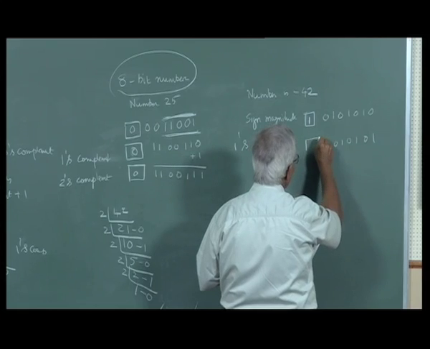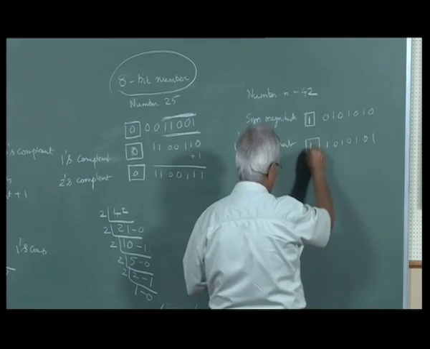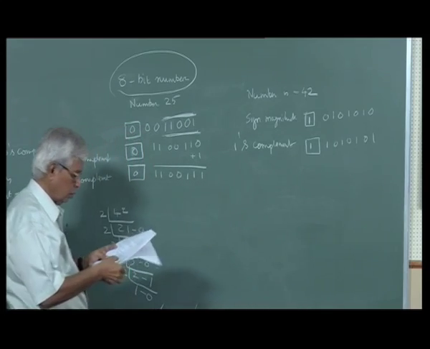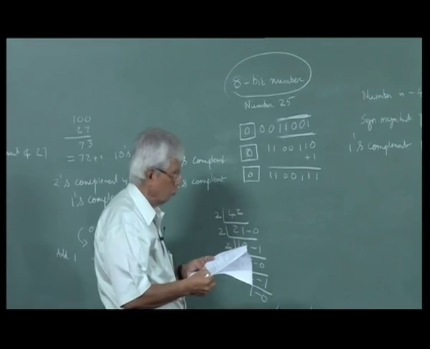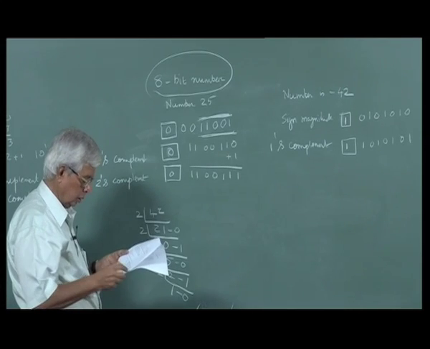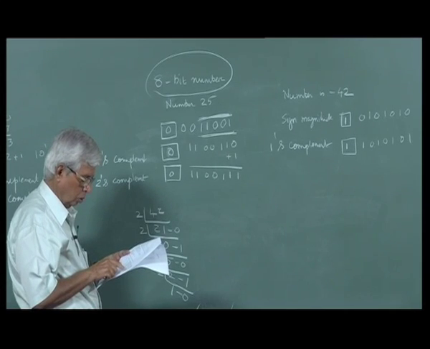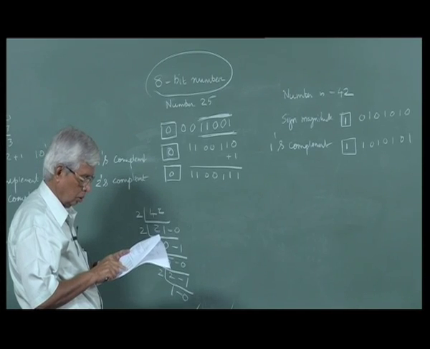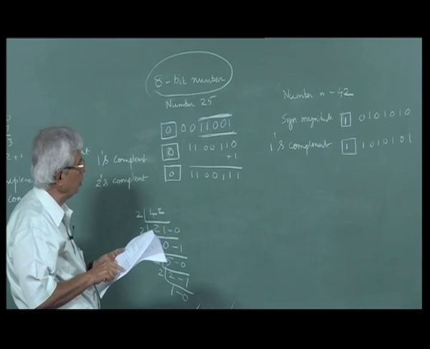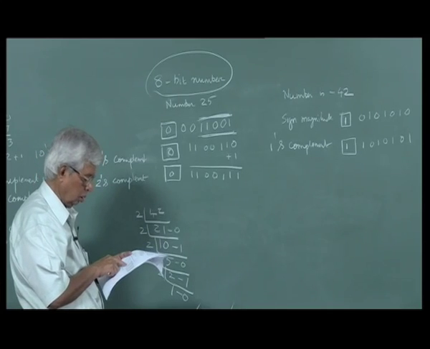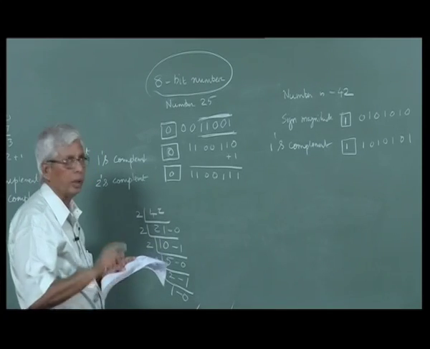The sign bit will remain 1 because it is a negative number. So it is 1, 1, 0, 1, 0, 1, 0, 1.